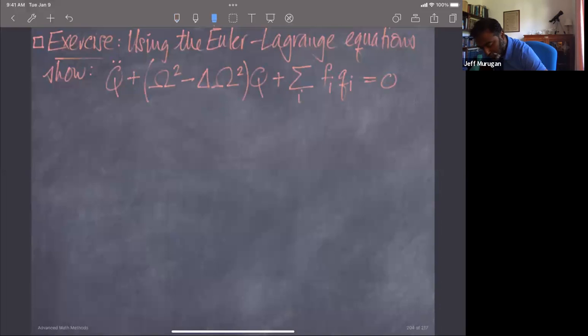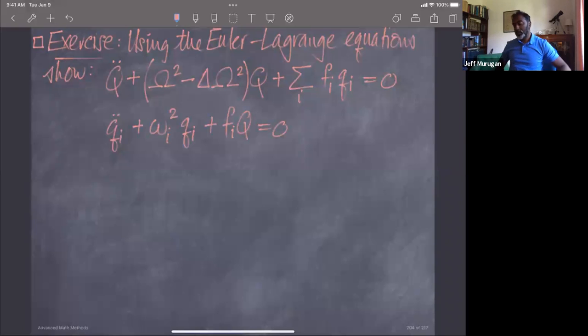And the equation of motion for the little q's is that q_i double dot plus omega_i squared q_i plus f_i Q equals 0. Okay, I'm going to take it for granted that you're going to do this exercise, and it's a useful exercise in just computing equations of motion using the Euler-Lagrange equations.